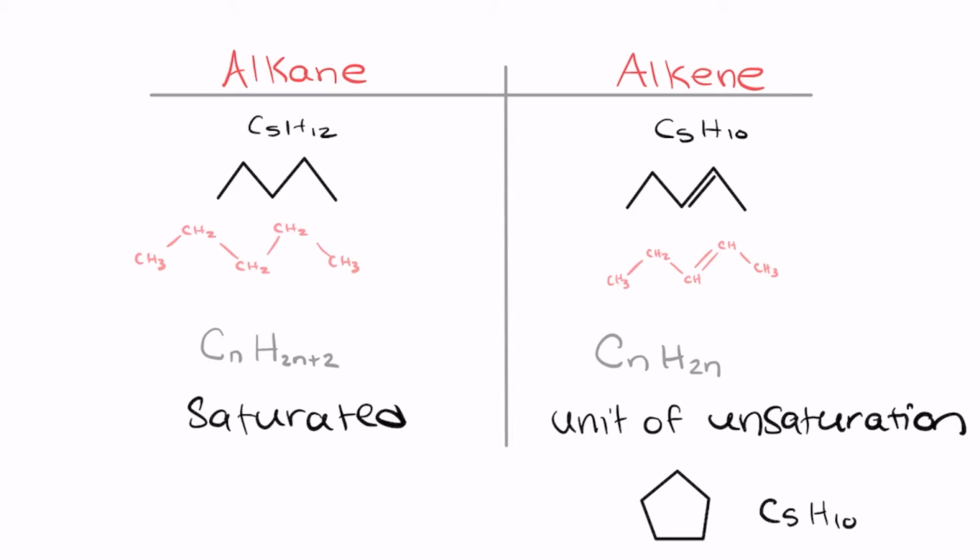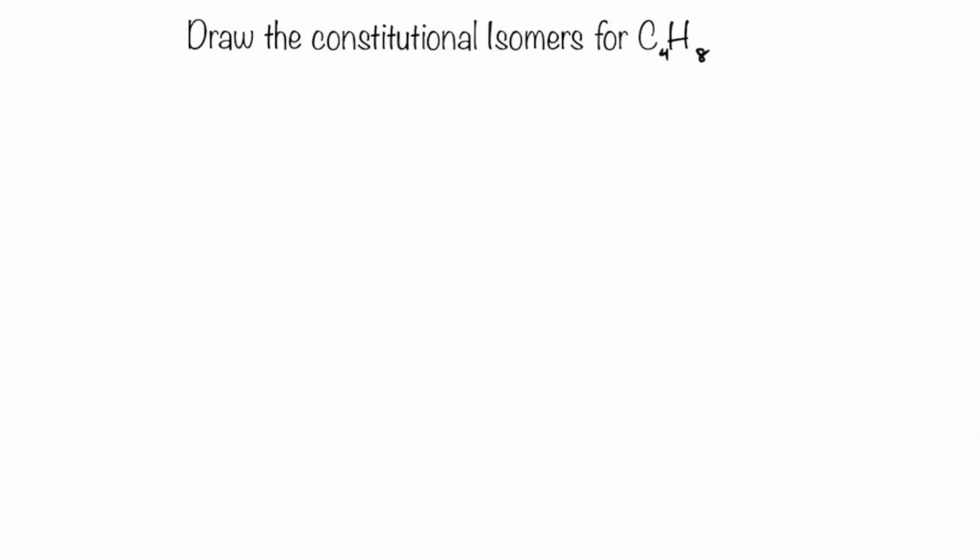And this is also considered a unit of unsaturation. So if you ever find that you have a molecular formula falling under CnH2n, you could have an alkene or a ring. Knowing this, we can try to draw the constitutional isomers for C4H8.